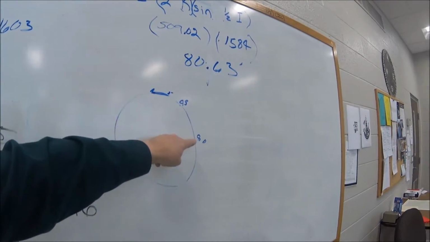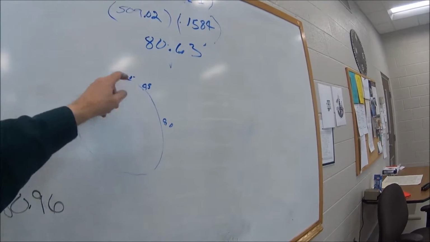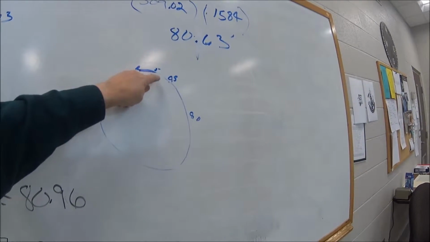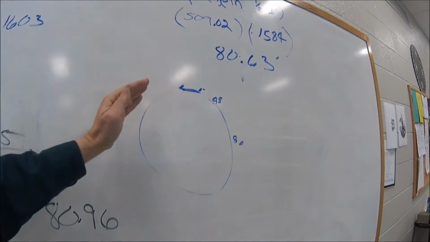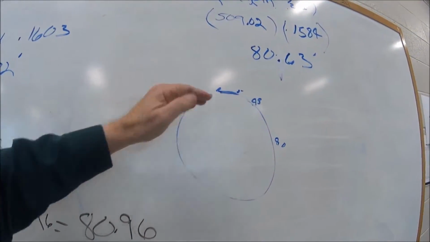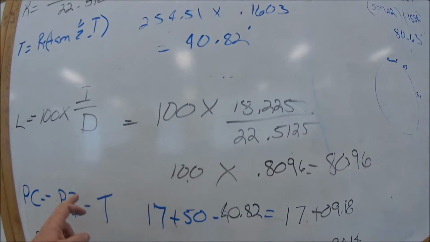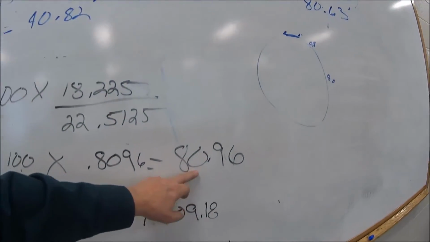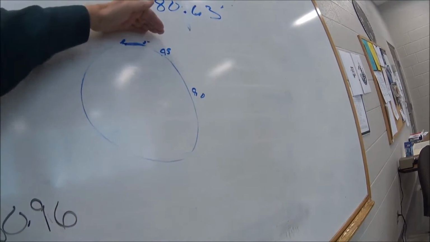Here's 0, here's 90. That's about 45 degrees of curve, so about half of that. So that's not a very steep curve, is it? It's not a very steep curve at all. So the length of that curve, which is the L, is 80.96. So going around the curve is 80.96.